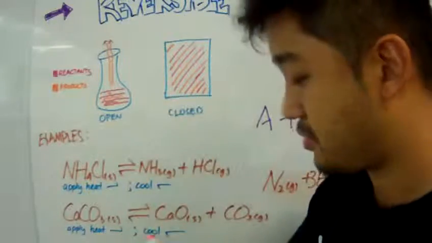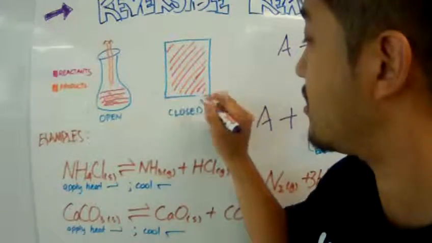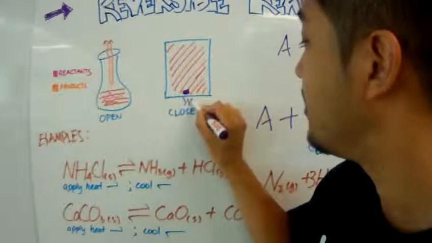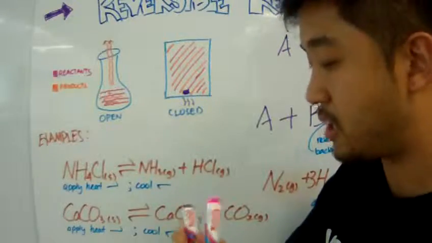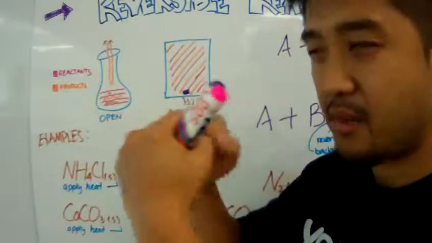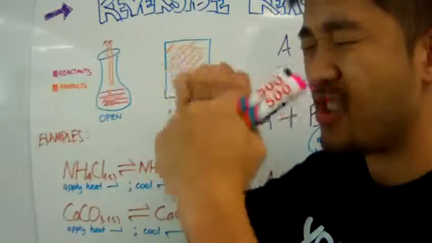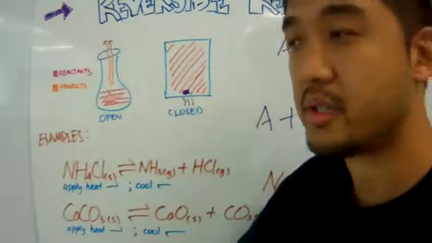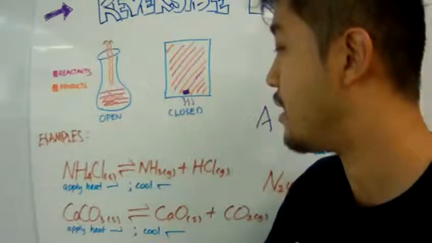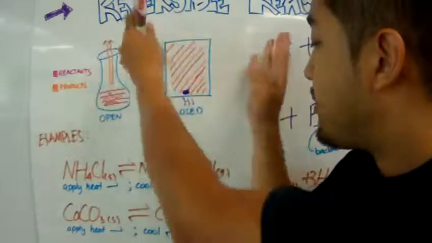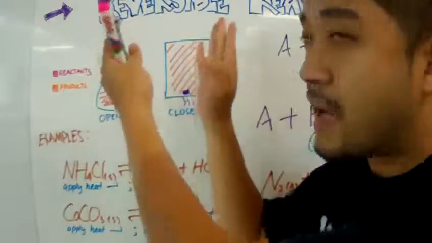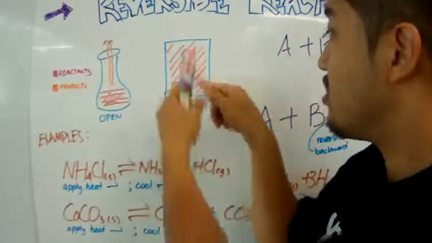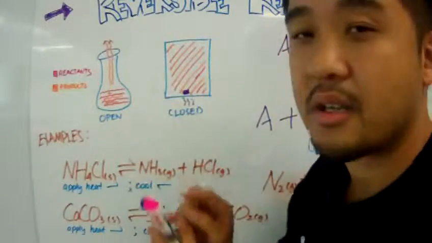If it's in a closed system, and you apply heat onto it, the molecules of the ammonium chloride are going to start jiggling, and break free because enough energy is inputted into the reactants. It's going to form ammonia gas and hydrogen chloride gas. So both of these are gases, moving all around in the closed system.